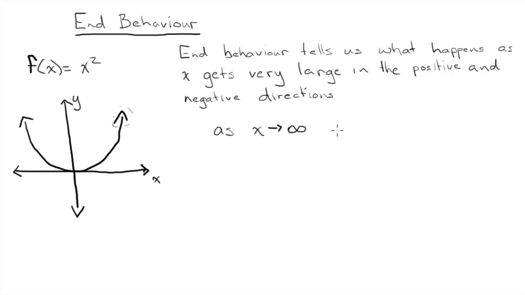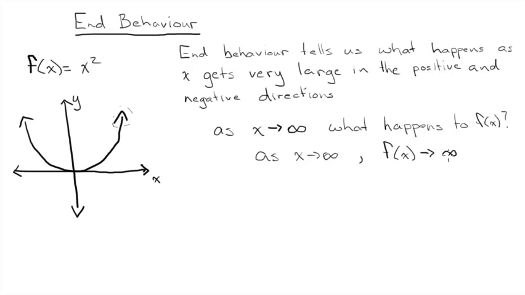So as x gets big, what happens to f of x? This arrow is just going up and up and up, so it is also approaching infinity. As x goes to infinity, f of x is also going to infinity. So that's one side of our end behavior.